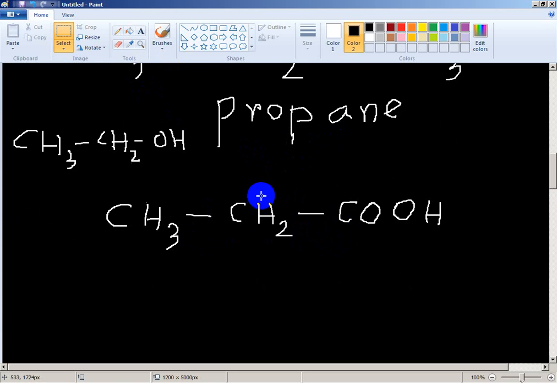All compounds, all others except alkane, alkene and alkyne, you write the name of the compound from the alkane. Like this is propane. So 1, 2, 3, you write this as propane.